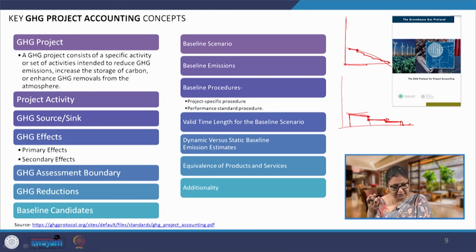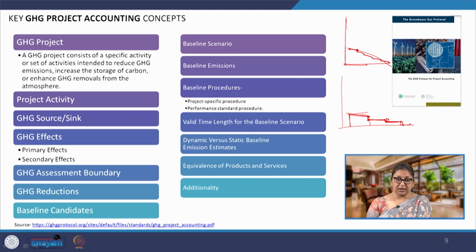And then we have to look at the equivalence of products and services. Not all products and services will give us the GHG emissions in direct form, so we will have to establish the equivalence. A lot of work has already been done to give us the emission factors, the equivalence factors, and they are more or less available in different country specific standards.